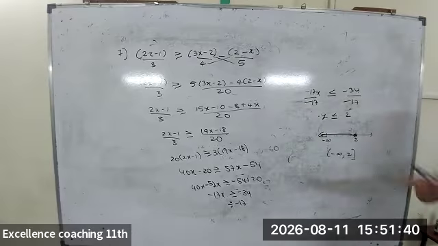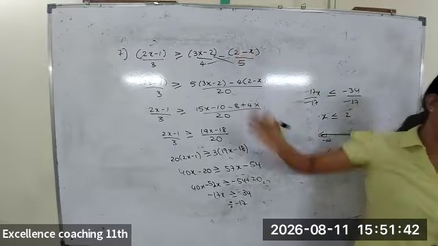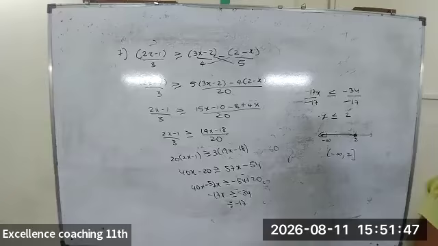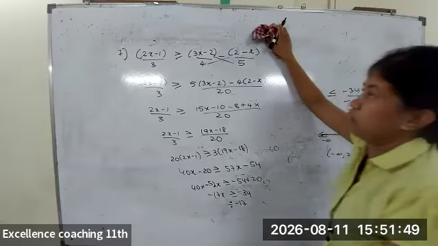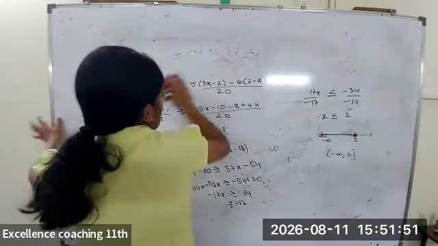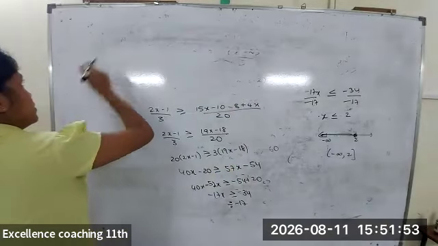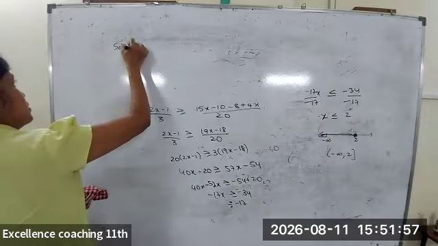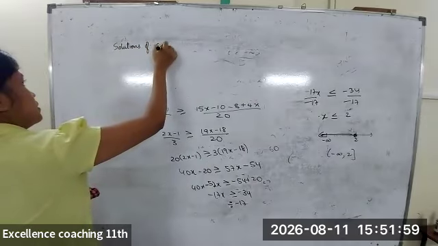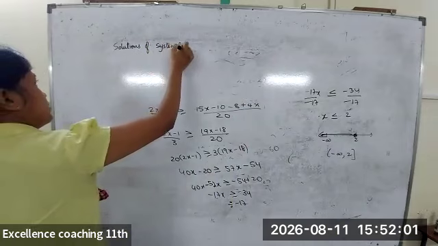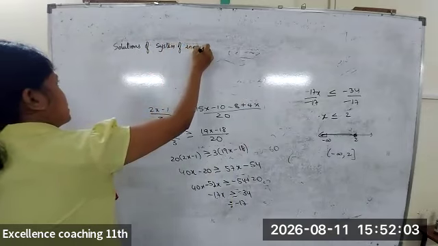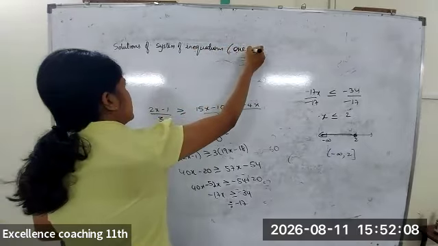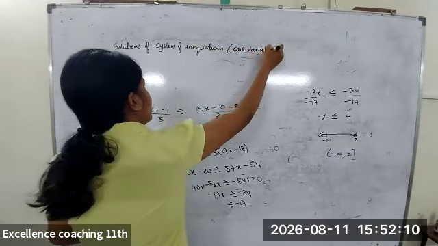Now this was only one inequality which was given. Next we'll do solutions of a system of linear inequalities. More than one inequality, if you have. One variable type.